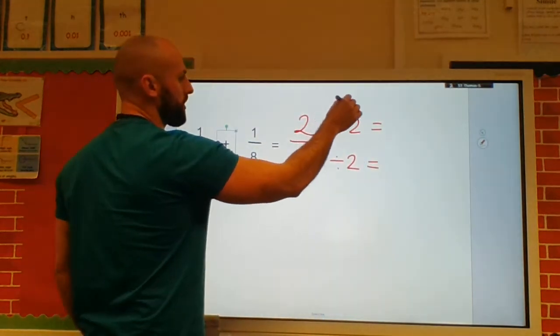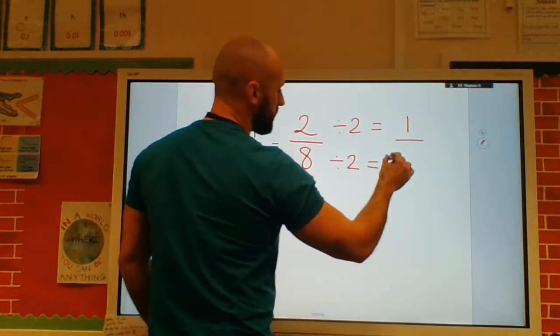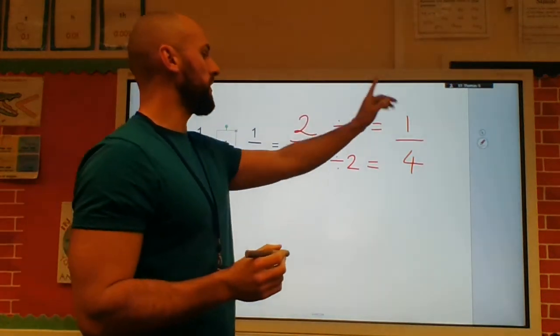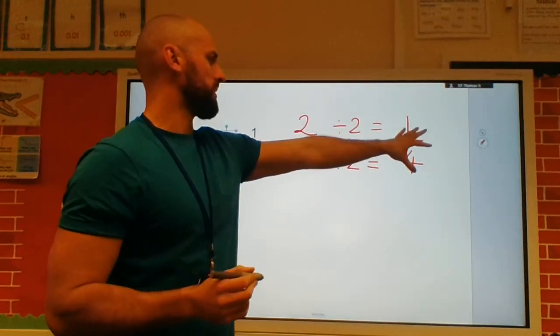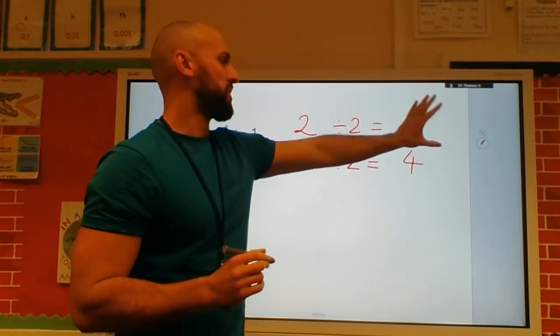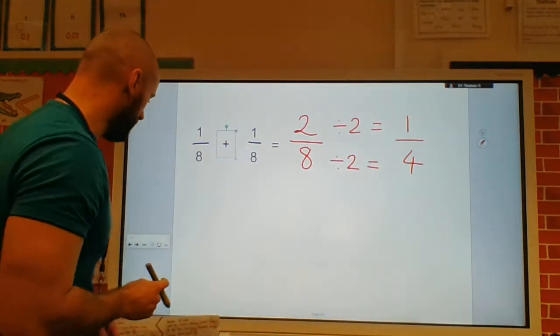And 2 divided by 2 is 1. 8 divided by 2 is 4. So 2/8 is equivalent to 1/4, and that's it simplified. I cannot simplify that any further because all that's left to divide them by will be 1, and that will give me the same answer.